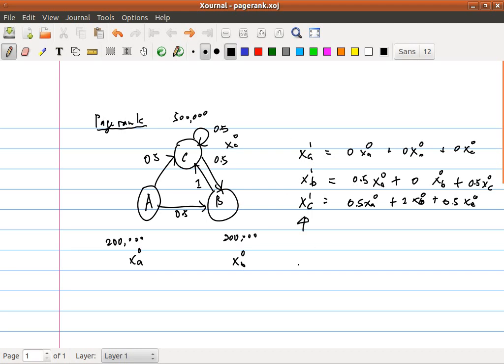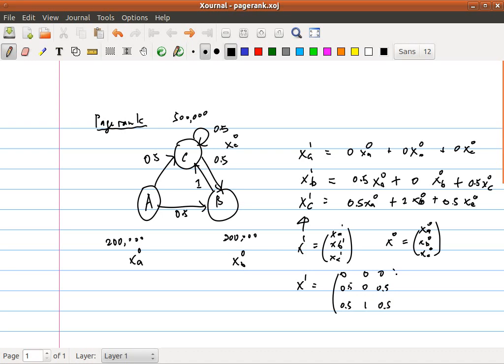I call x1 the vector xa1, xb1, xc1, and x0 is just xa0, xb0, xc0. Then x1 is equal to the matrix with rows 0, 0, 0; 0.5, 0, 0.5; 0.5, 1, 0.5, times x0. Maybe I can call this matrix M here.